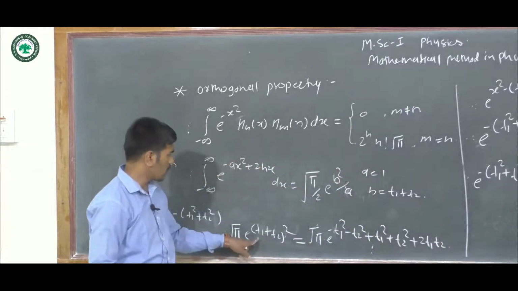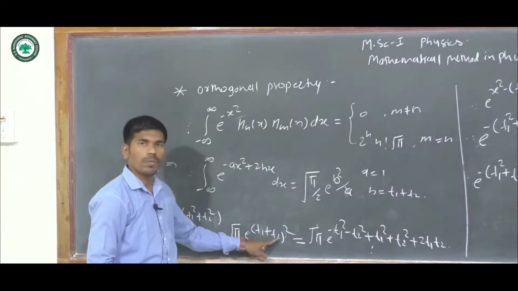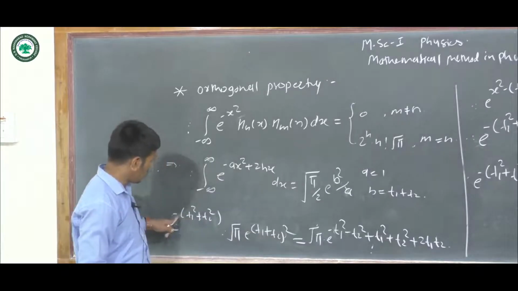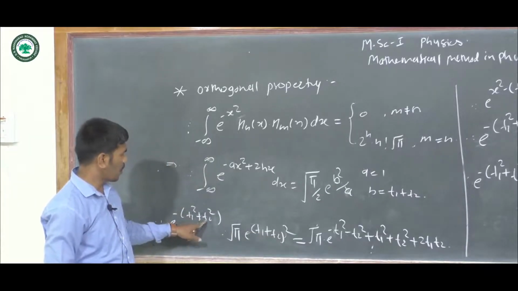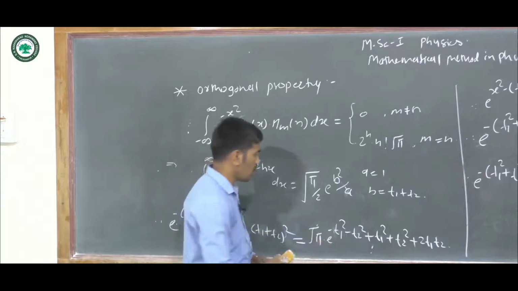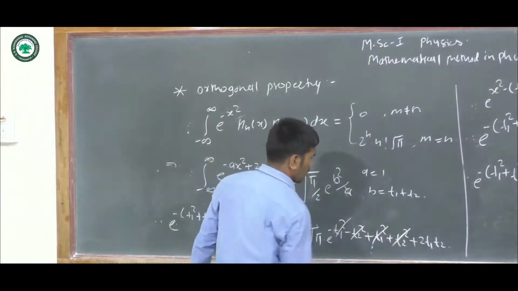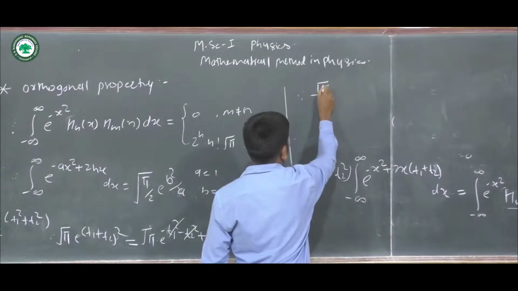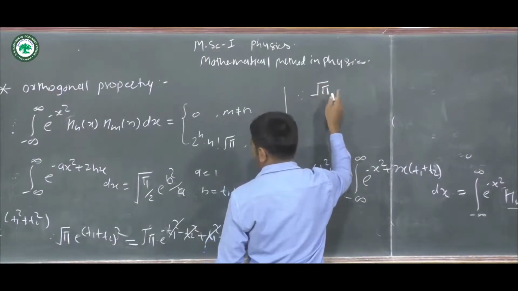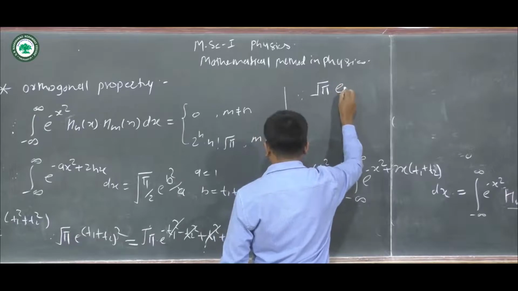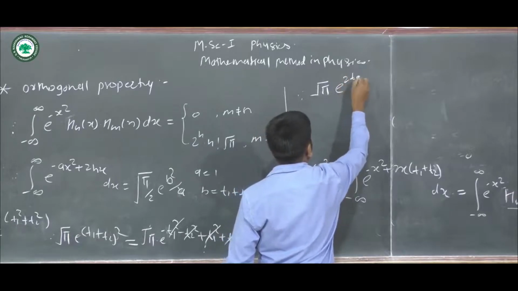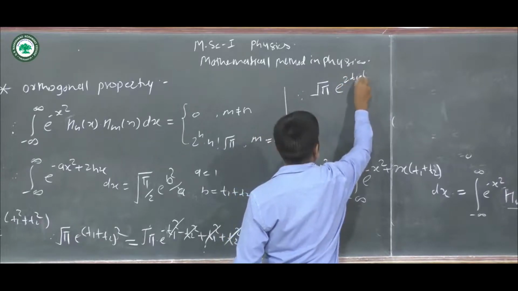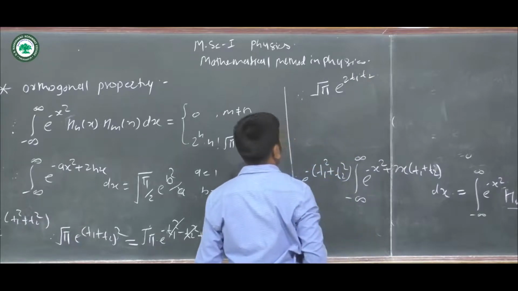By expanding this bracket t1 plus t2 bracket square and multiplying with e raised to minus t1 square plus t2 square, we get these things and we can cancel this one, okay. Now the left hand side is equal to under root pi e raised to 2 t1 t2.